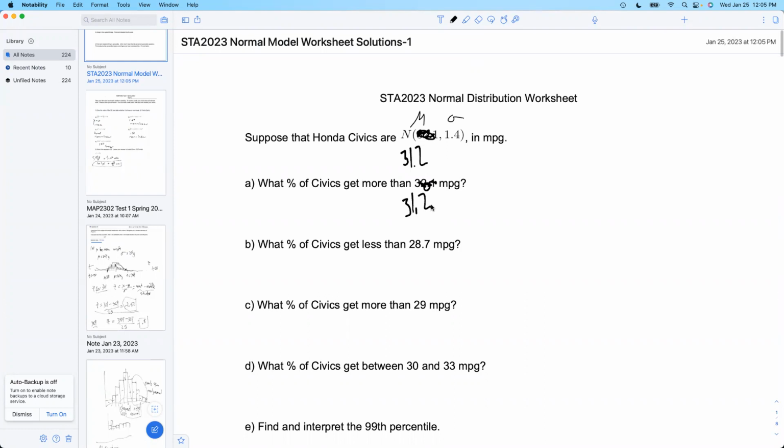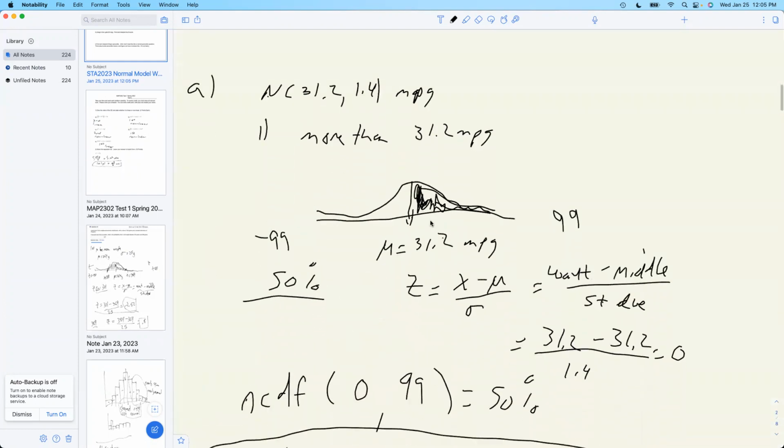Okay, so we draw our picture. Right in the middle is our mean, 31.2. We shade what it is we're asked about. We want to be more than 31.2. So I shade from the same spot over. I can clearly see I've shaded half the picture, but let's go through the steps.